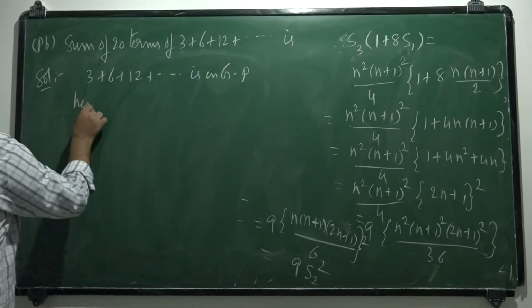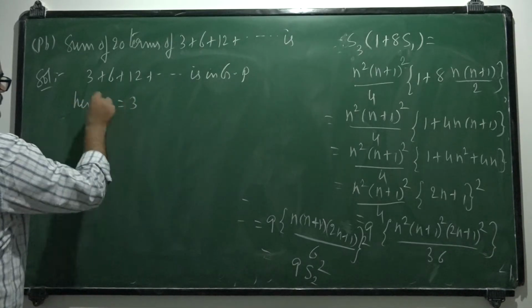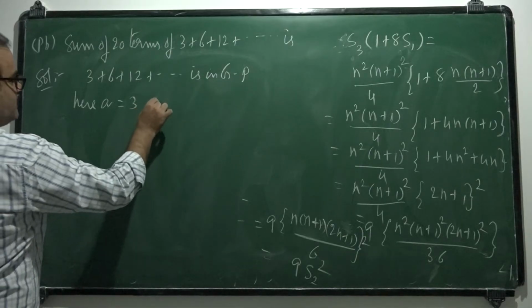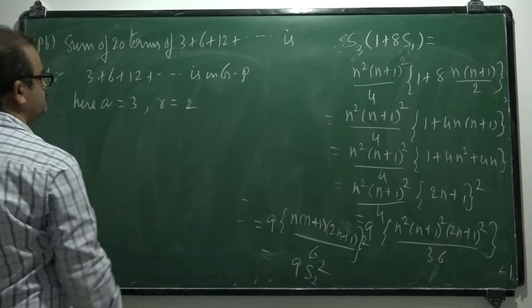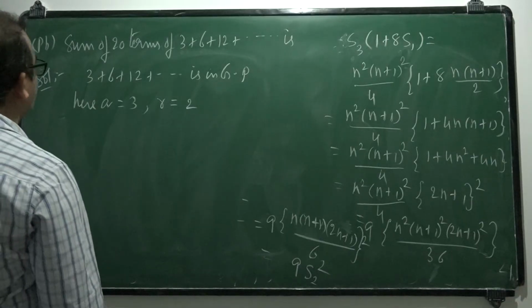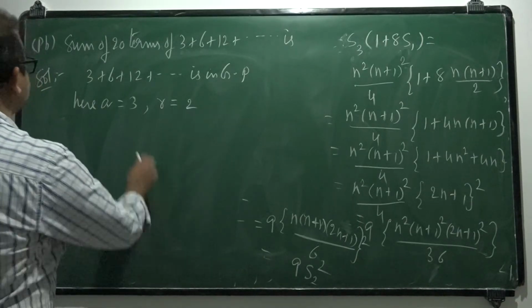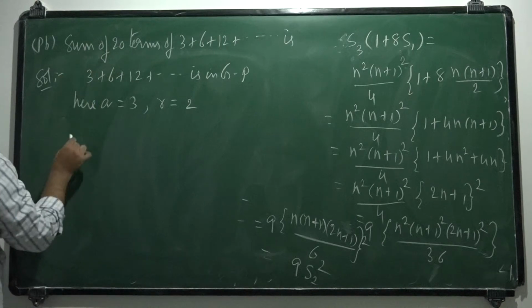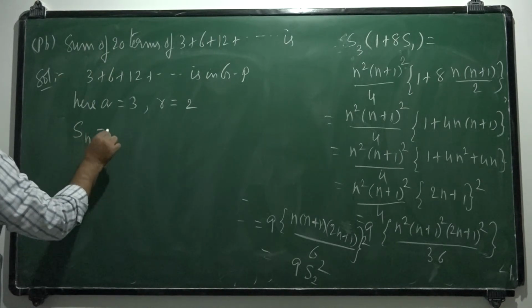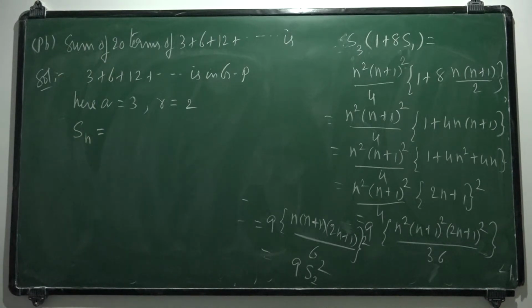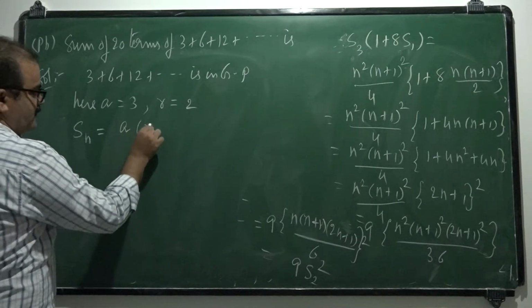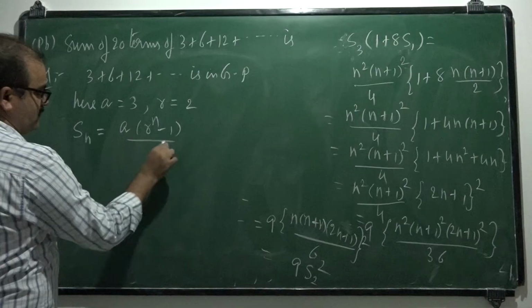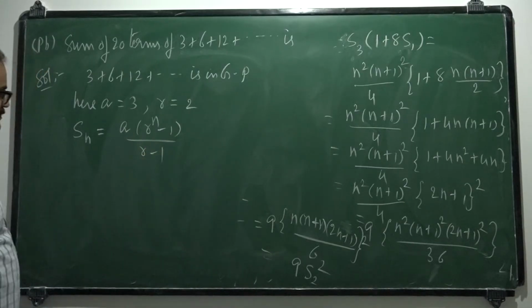Here, what is the first term? A is equal to 3. And what is the common ratio R? 2. Now, we find sum of the 20 terms. What is the formula to find sum of n terms in GP? A into R power n minus 1 by R minus 1.